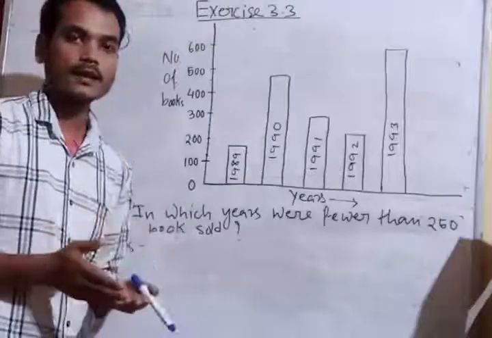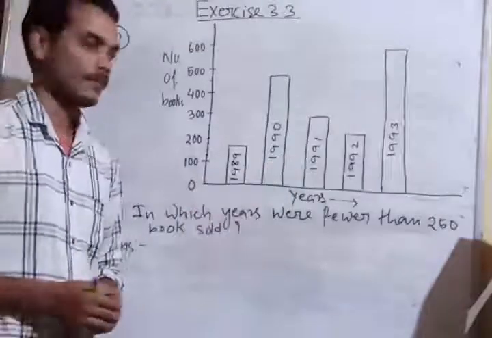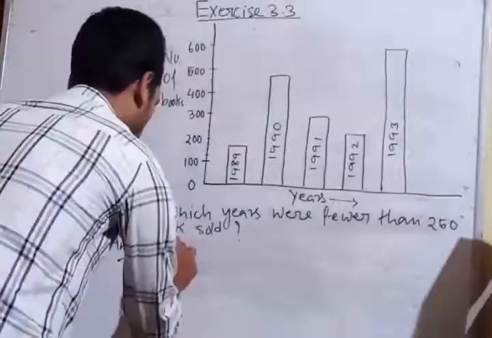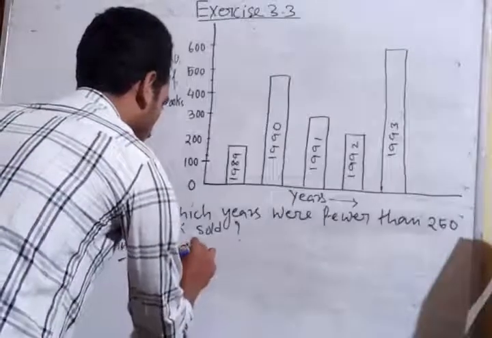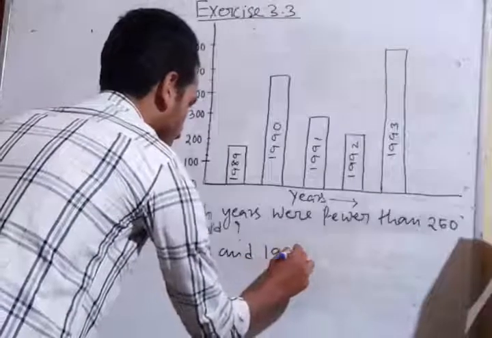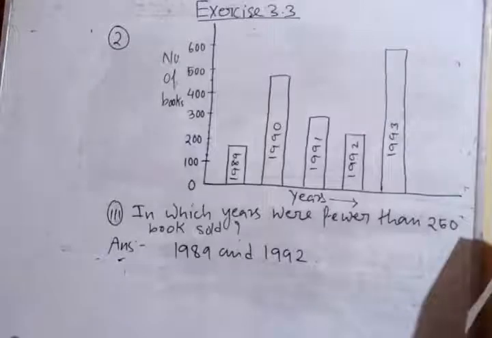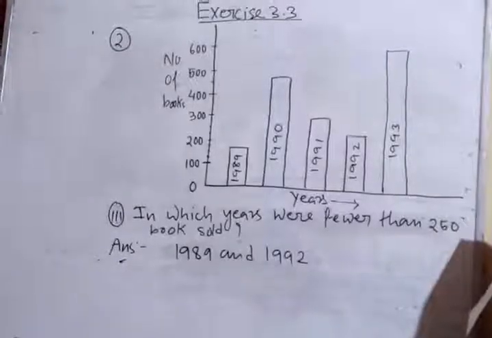So less than 250, it was 89 and 92. So the answer will be 1989 and your 1992. This is the number 3. Now let's see the number 4.